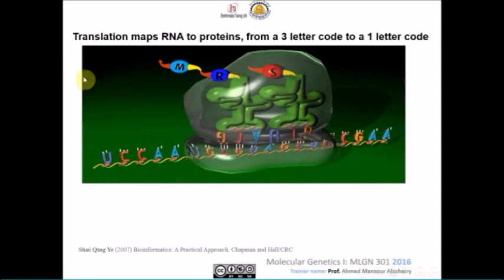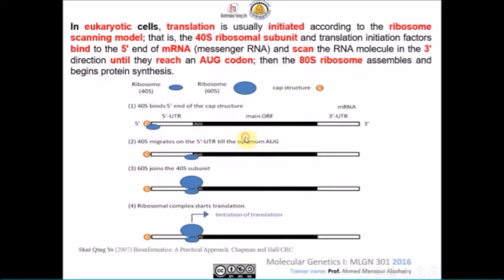Always, every 3-letter code in the messenger RNA corresponds to 1 amino acid that builds the chain of amino acids, the polypeptide chain, which will afterwards be a part of the protein. So that happens inside the ribosome. The messenger RNA attaches to the ribosome, and then the ribosome reads every 3 letters and translates them to 1 amino acid.